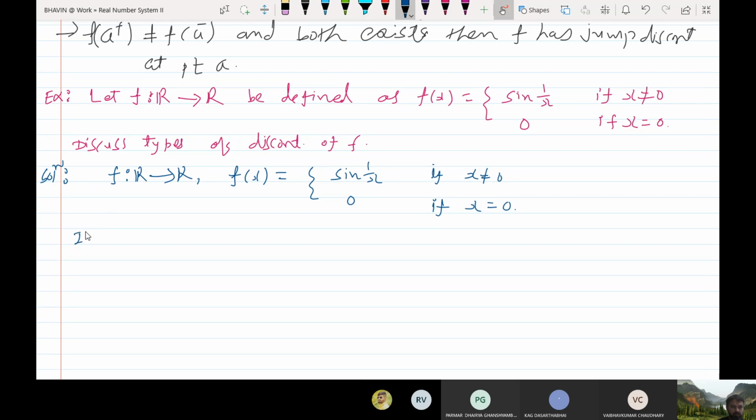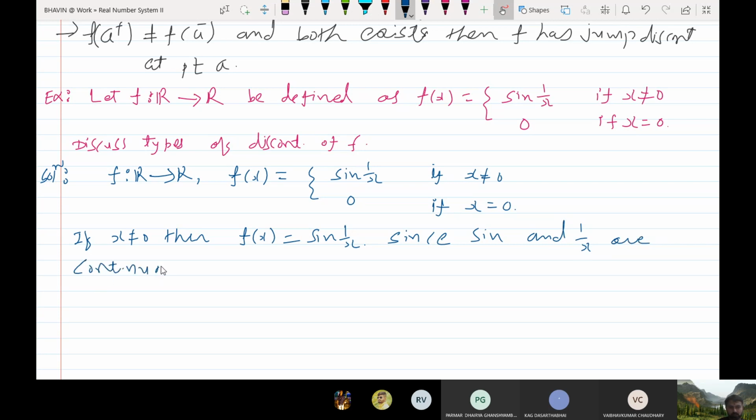If x is not equal to 0, then f(x) is equal to sin(1/x). Since sine and 1/x are continuous functions, we can say that its composition is also continuous. So for non-zero x, f is continuous.